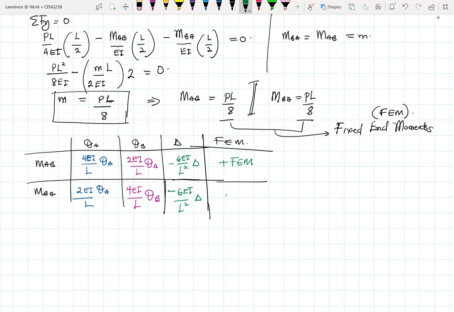I don't want to put any value over there, since the fixed end moments change. In all cases, just take note, this was clockwise, this was clockwise, and this was also clockwise. The only one that did not have the same direction is this one right here. Just pay attention to that.